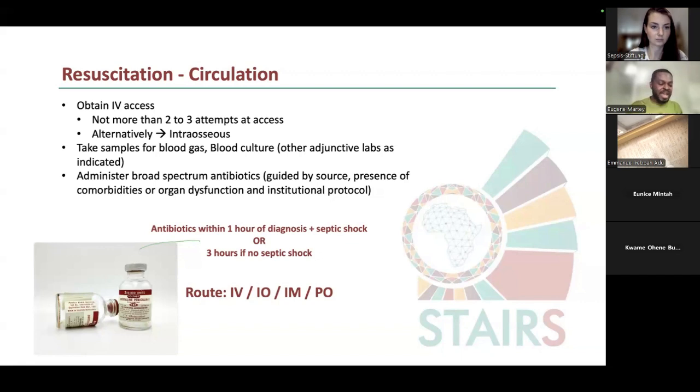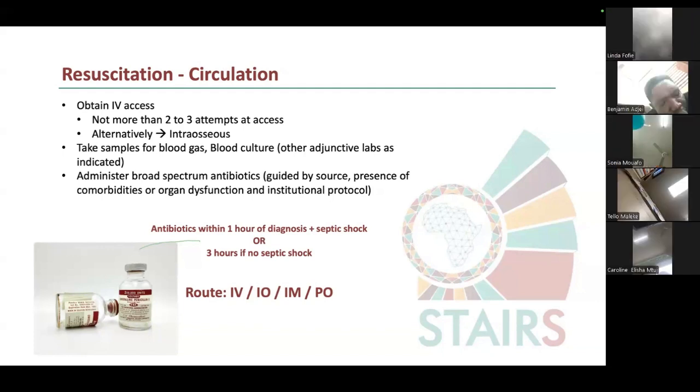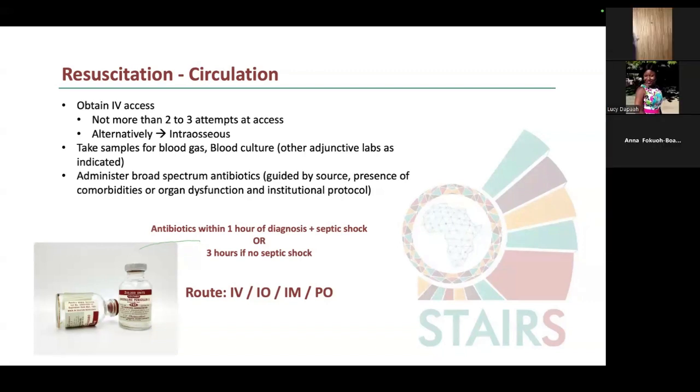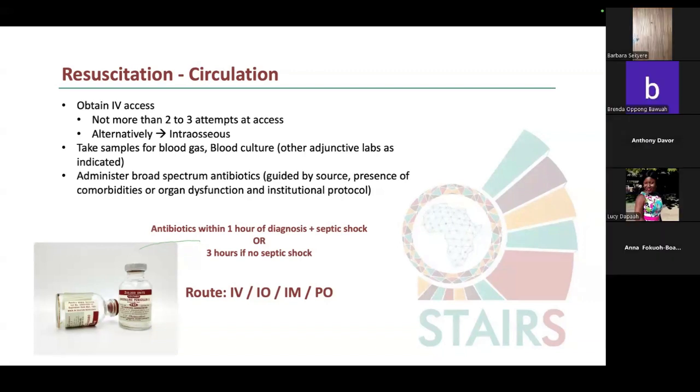Don't forget, the IM route can be given for some antibiotics. And then also, of course, if that is also not possible, you would be looking at giving an oral antibiotic. Of course, in the septic patient, remember, absorption may be an issue. So there may be delayed onset of your medication. But of course, that may be better than no antibiotic at all for the patient.